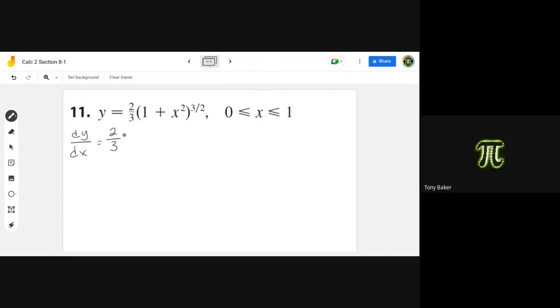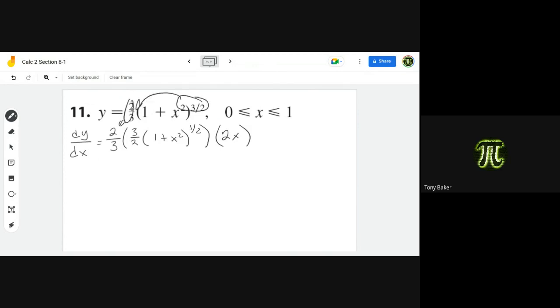So 2/3 times 3/2 times 1 plus x squared to the 1/2 times 2x. This was out in front, so I just left that out in front.